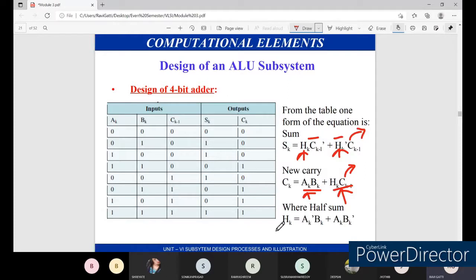The half adder output H is nothing but A bar B plus A B bar. So they have written it like this. This tick is nothing but a bar only, so you need to write it over here. Are you able to understand what we are discussing? Yes.